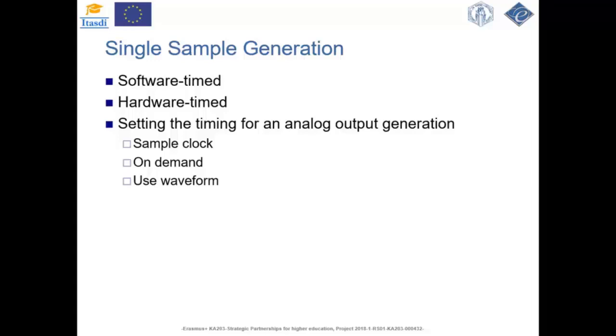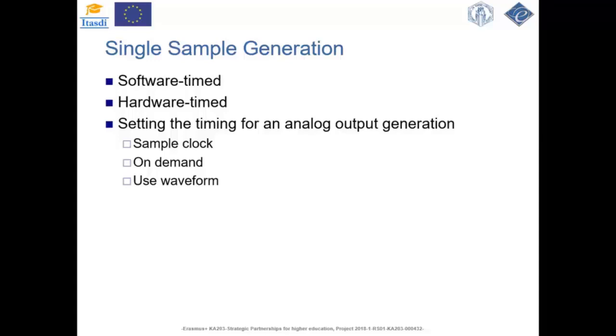That's why the hardware-timed generation uses a TTL signal, such as a clock on the data acquisition device, to control the rate of generation. Hardware-timed generation can run at a much faster rate than a software-timed generation and maintain a higher value of accuracy. We need to know that not all devices support hardware timing.